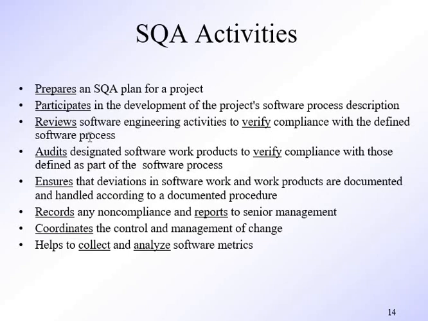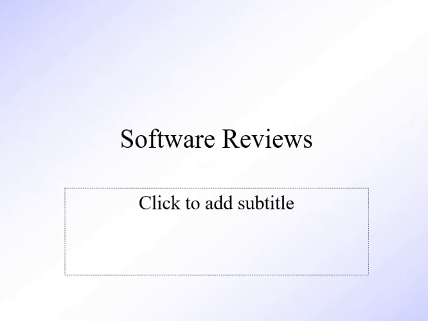It ensures that any deviation in the product or the requirement is properly documented, then records non-compliance and reports it to senior management. If there is any non-compliance, change, or dispute, it should be reported to senior management, right? Then we have the software reviews.